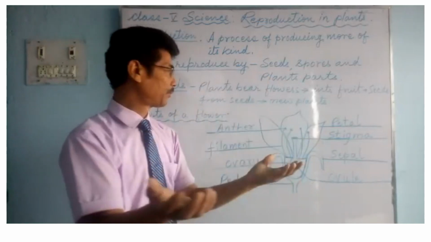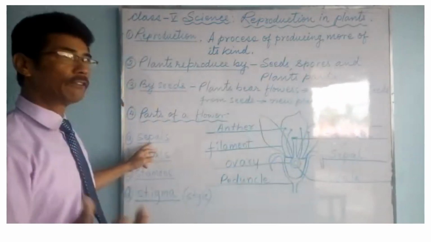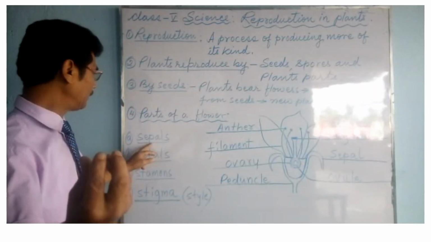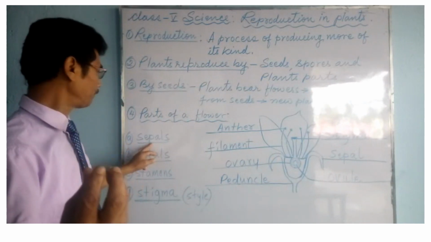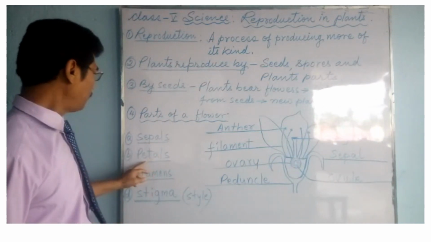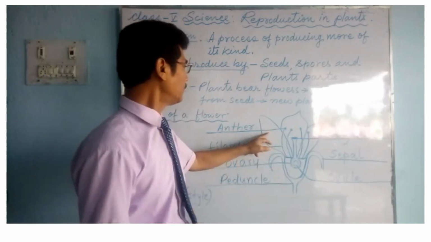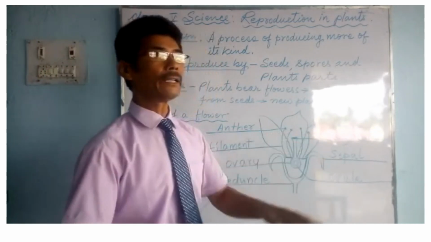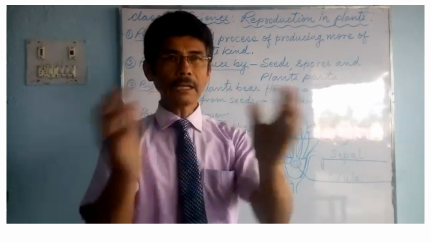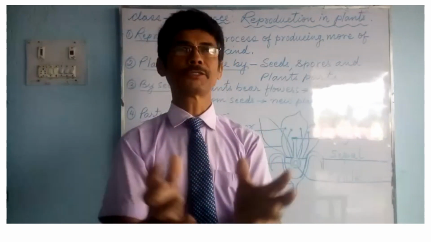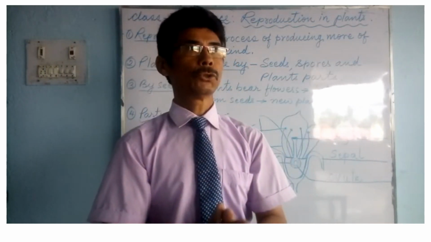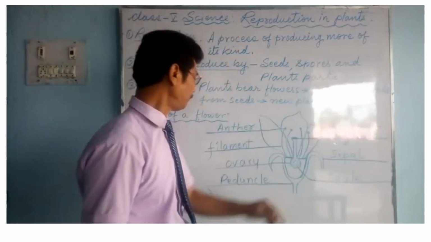The sepal covers the flower when it is in a bud situation. Petals. These are petals. They are the colored leaf that attracts insects. So that is called a petal.